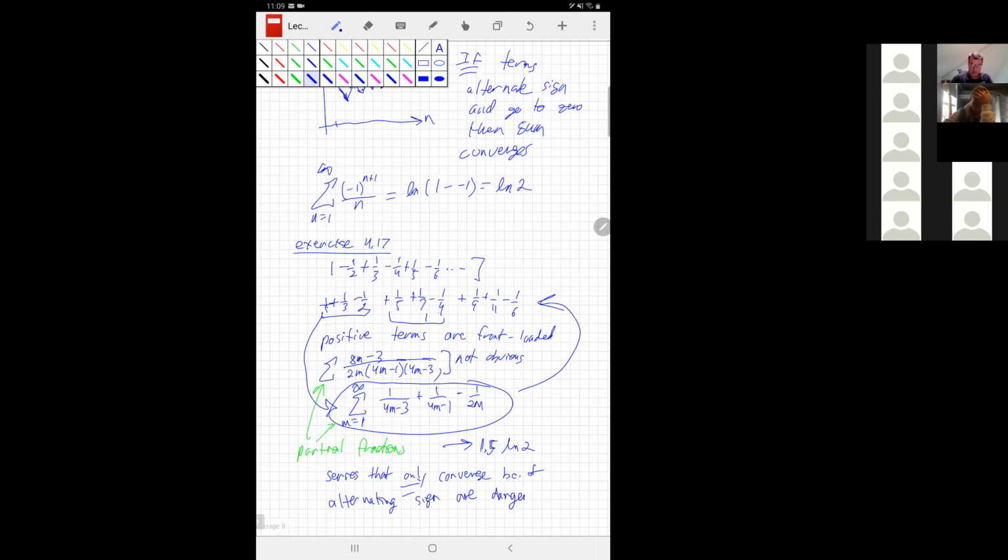Those series only converge based on the pattern you set up. And if you rearrange terms, you can set up a different pattern that front-loads more positive terms or more negative terms, and you could get them to converge to anything, and that's dangerous.